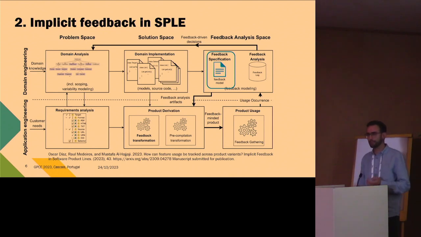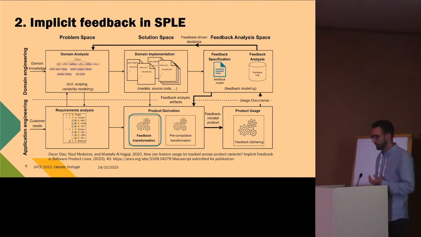Feedback specification refers to creating a feedback model that describes the feedback needs that the product line will have. This is made in terms of features, so you have to define what features you want to track, for what purposes, and in what contexts.